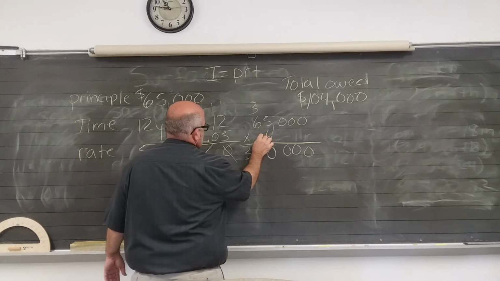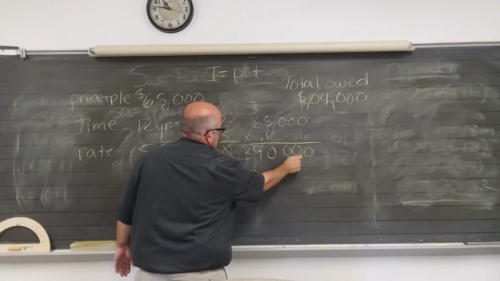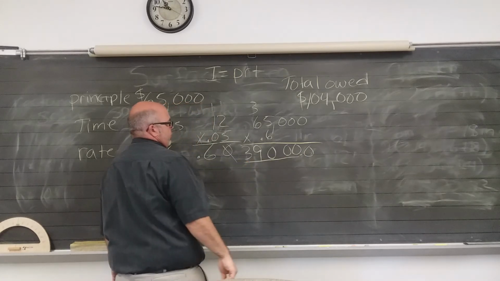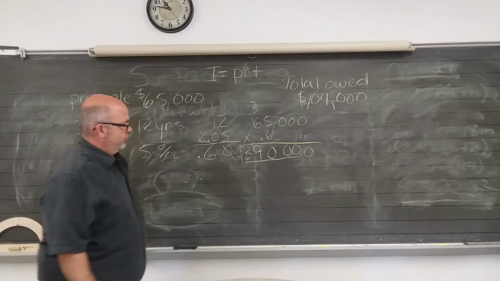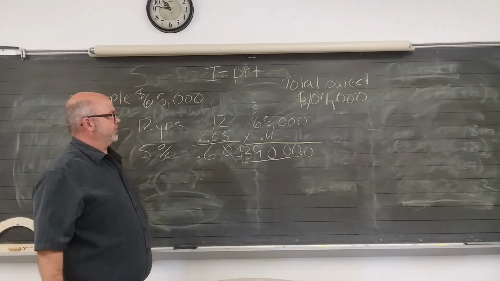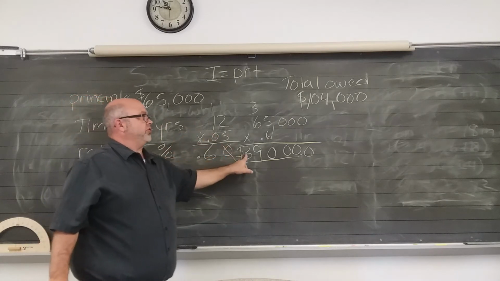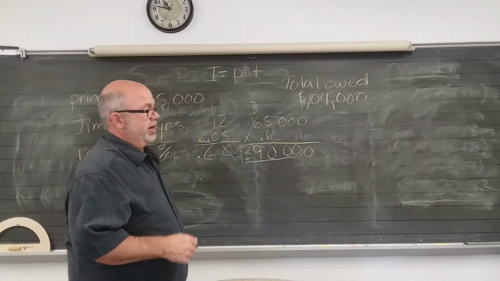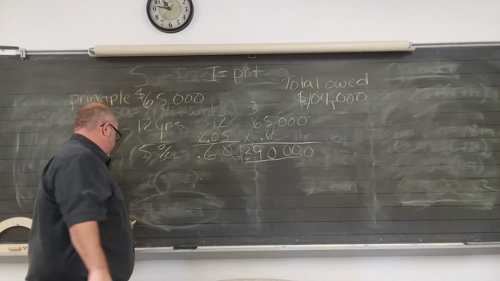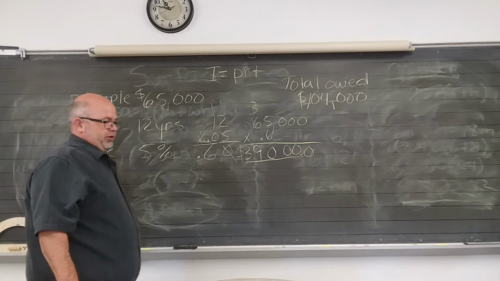One place after the decimal means this is your total interest: $39,000 of interest. You add the principal and the interest to get the total amount you owe. Okay? Figure out the interest, add it to the principal, and that's how much you owe.